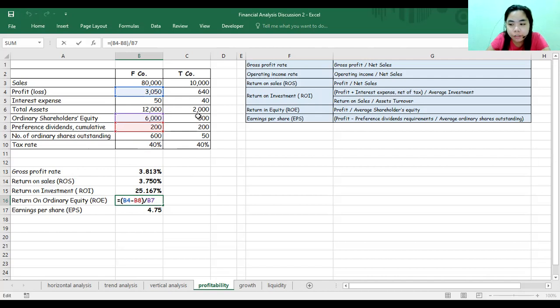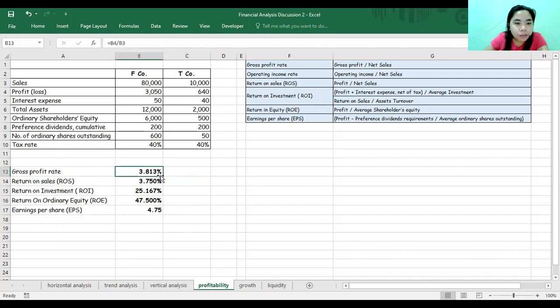So in our formula analysis, for the return on ordinary equity, that would be profit less the dividends that we distributed. What remains we divide by our ordinary shareholders' equity, because that is the residual of profit after the dividends are distributed. So the return on ordinary equity is 47.5%, and that's good because it is high.